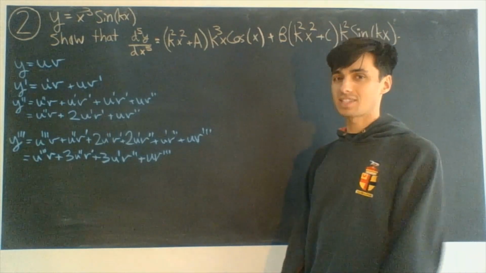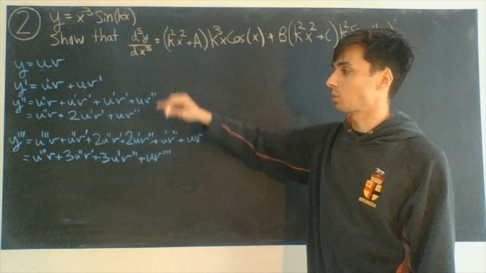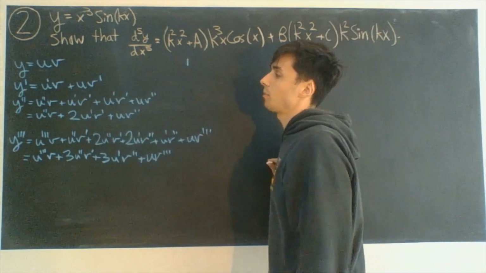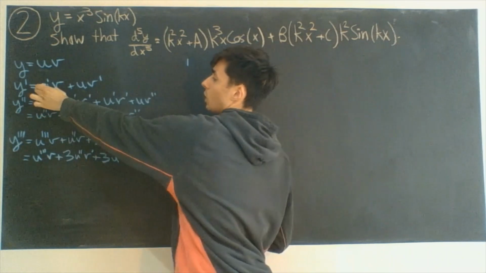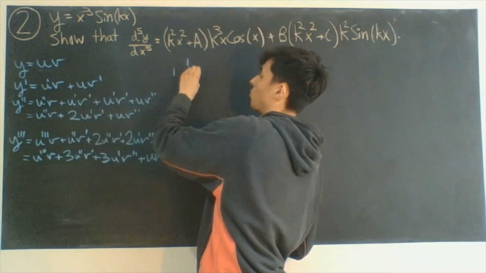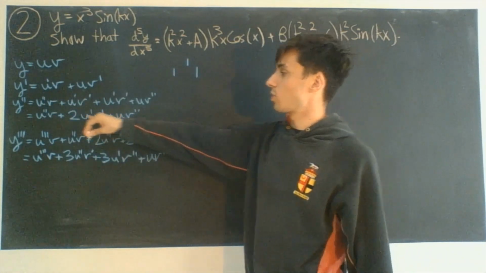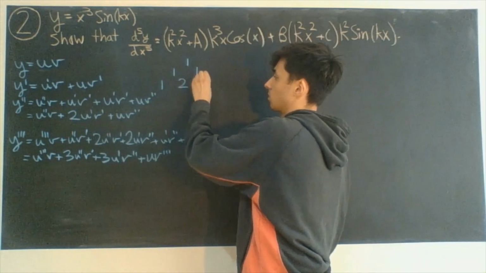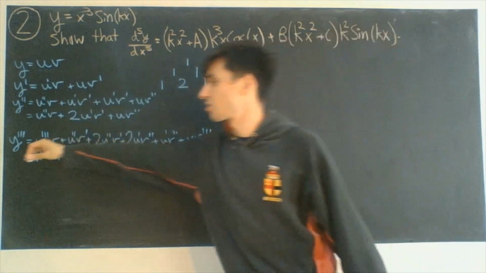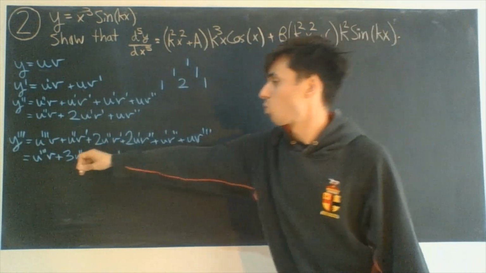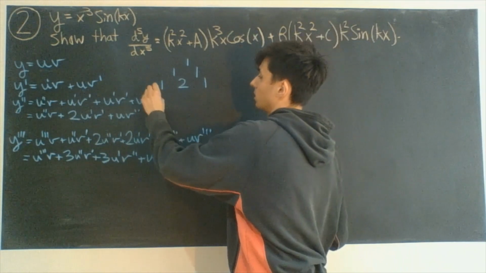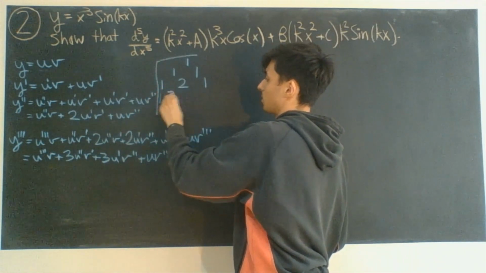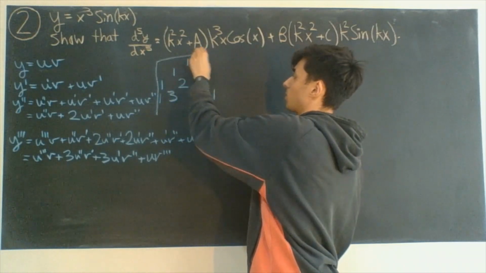If we think of the pattern that these are making as we go down the derivatives of y, well, we had the first row would be 1, and in the second row the coefficients would be 1 and 1. The third row, the coefficients would be 1, 2 and 1. And the fourth row, that's the third derivative of y, we would have 1, 3, 3, 1. So let's make this its own box, 3, 3 and 1.